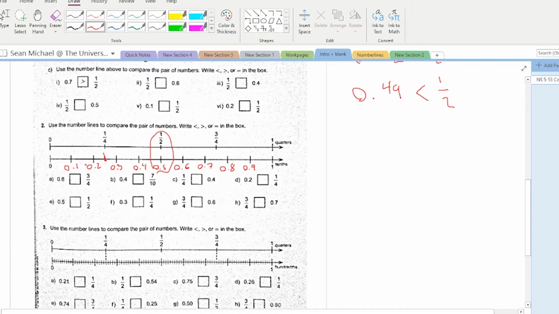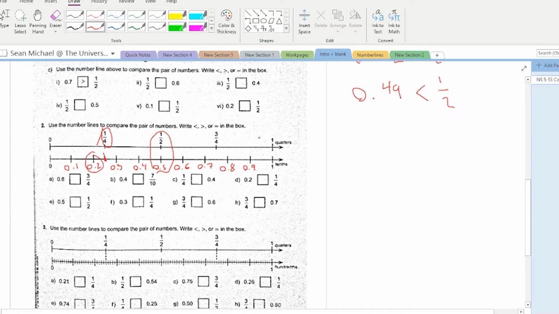But for our purposes right now, we can just compare them on a line. This one, 0.2, is that bigger or smaller than 1 quarter? You can see that it is going to be smaller, because 1/4 shows up further on the number line than 0.2.